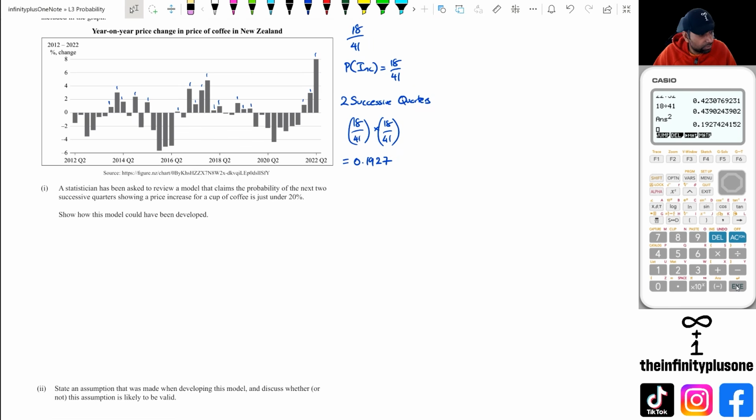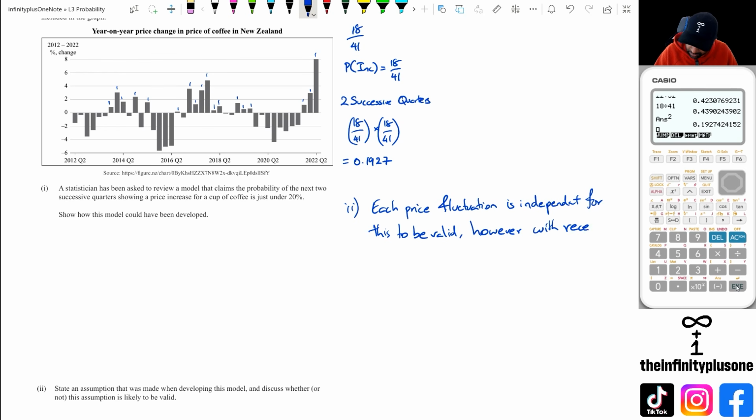The next part of the question says, state an assumption that was made when developing this model and discuss whether or not this is likely to be valid. This is part 2 here. The first thing we always mention is that each price fluctuation is independent, for this to be valid.